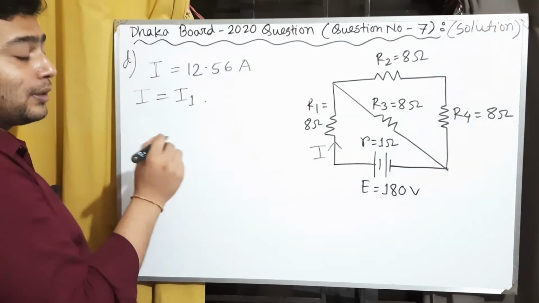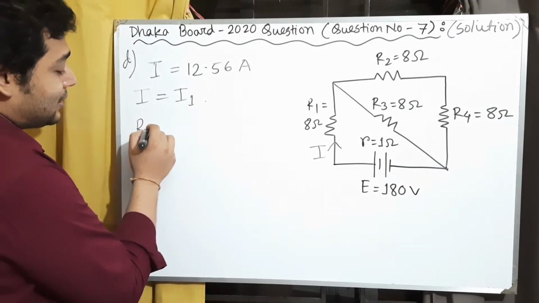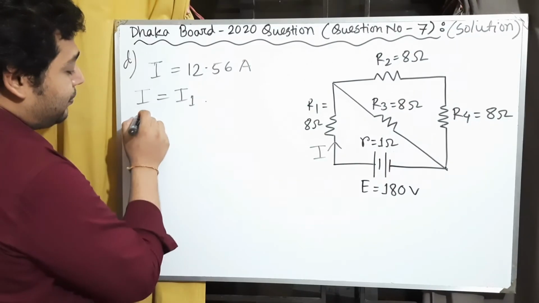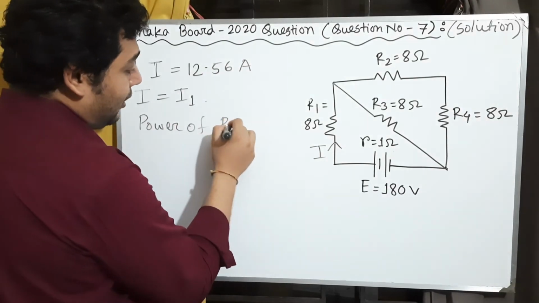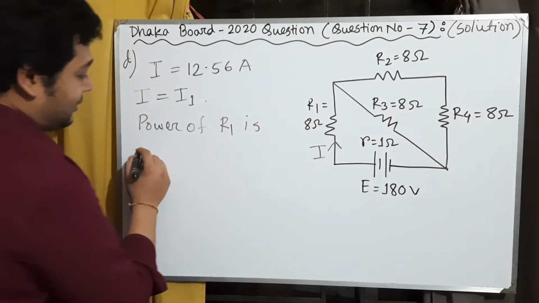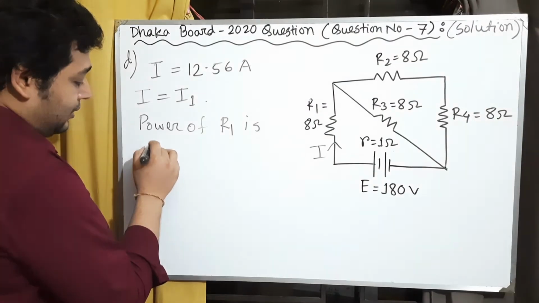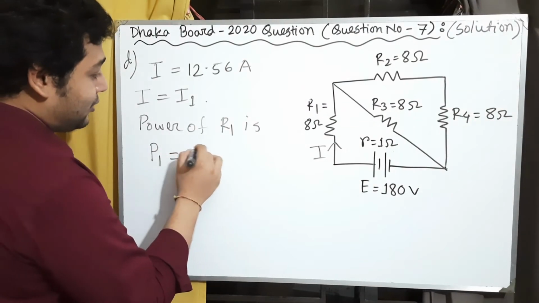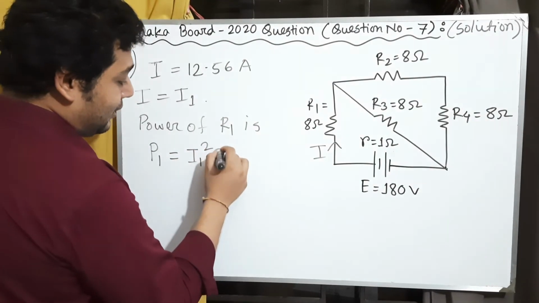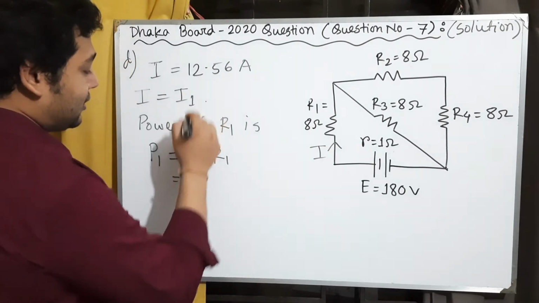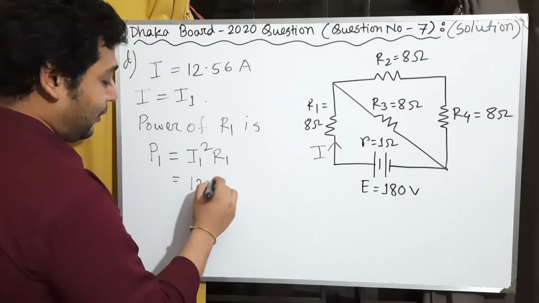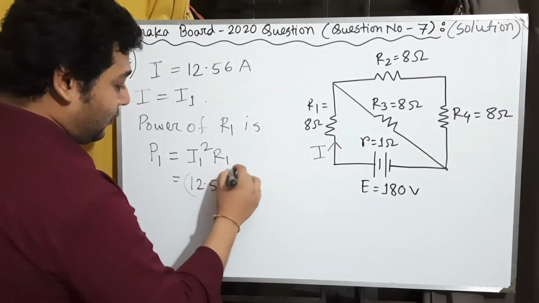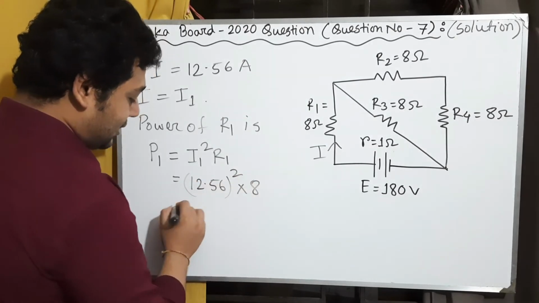So the power of R1 is P1 equal to I1 square R1, which is 12.56 whole square into 8.